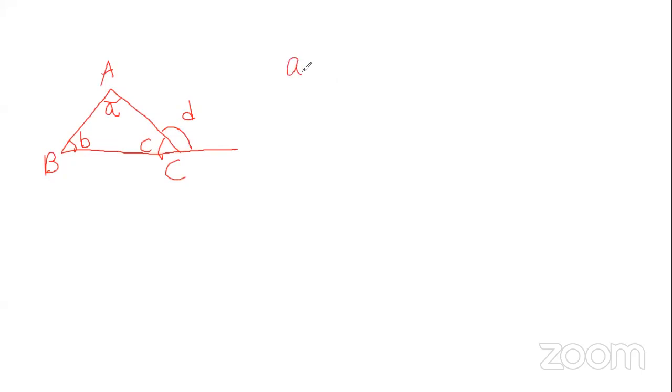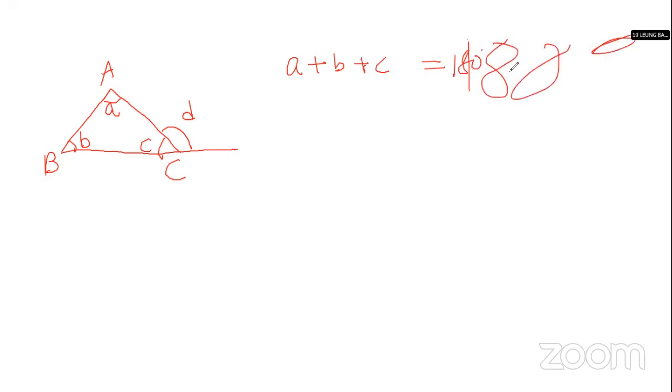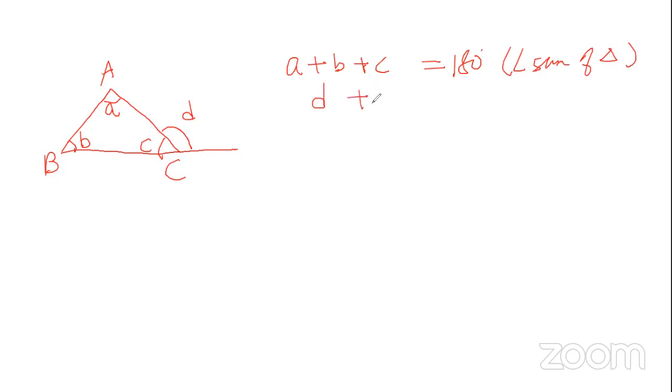Now you know that we have A plus B plus C. It is 180 degrees, because in this case, the reason is angle sum of triangle. But the case is that D plus C is also 180 degrees. Be very careful.